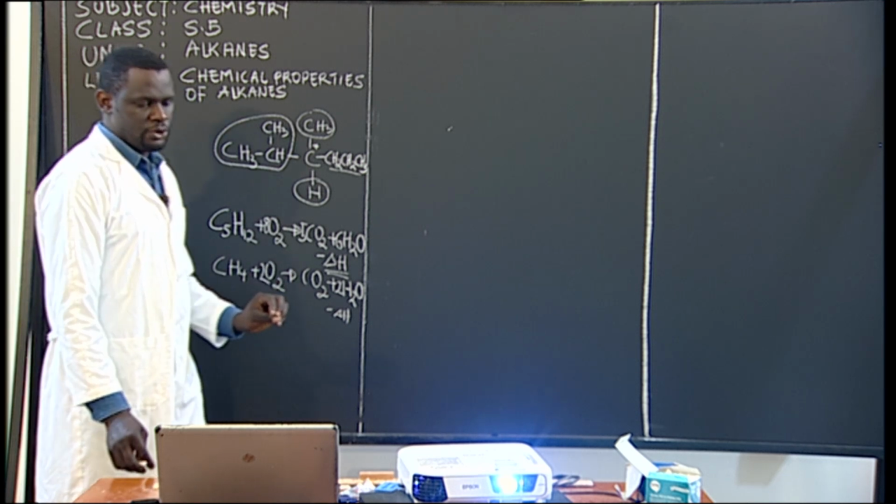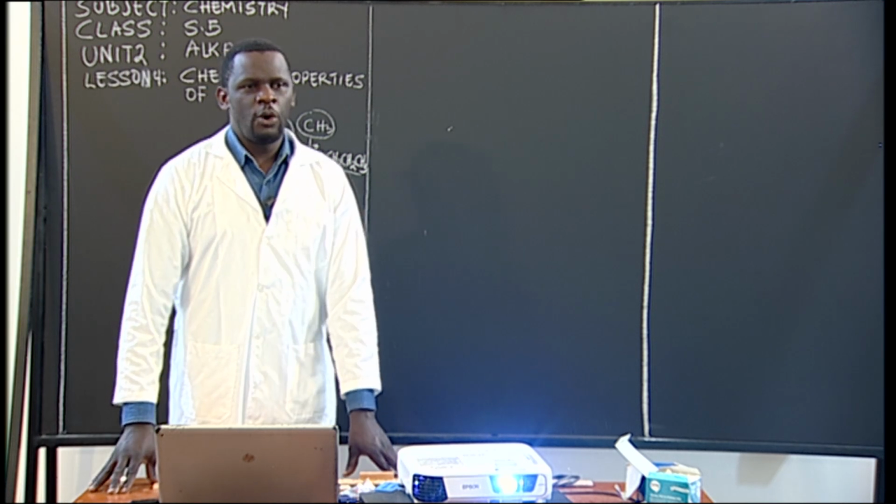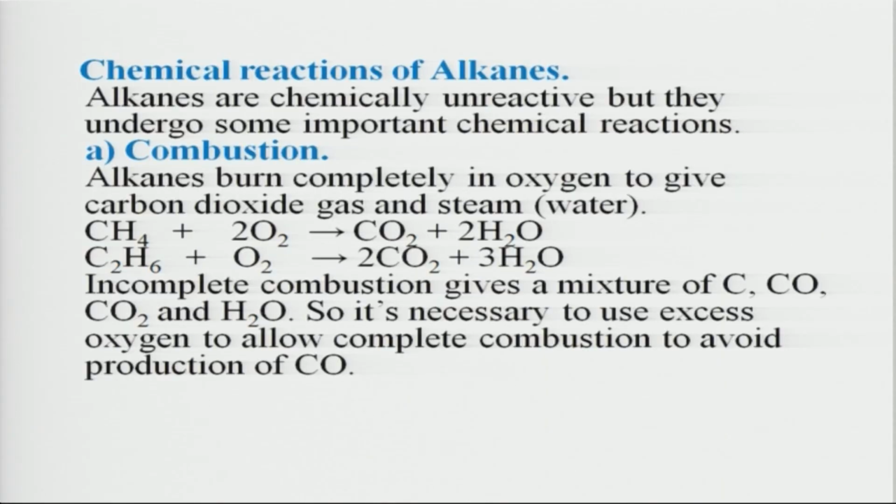But in addition to that, we should note while cooking that incomplete combustion of these alkanes will produce carbon monoxide. This carbon monoxide is bad for our health because it will find its way inside our blood and form what we call oxyhemoglobin, which is very dangerous and can lead to death.